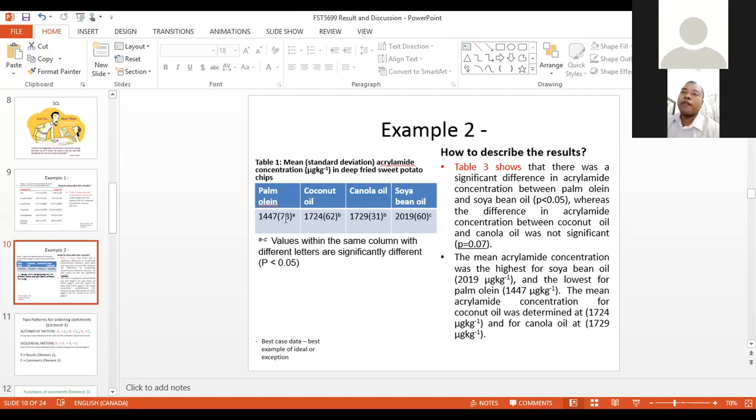Palm oil and coconut are different. Palm oil and soybean are different. Palm oil and canola are also different. Soybean and others are different because they have different letters. So 1724 and 1729 are not significantly different. So that's what we call it from the table.